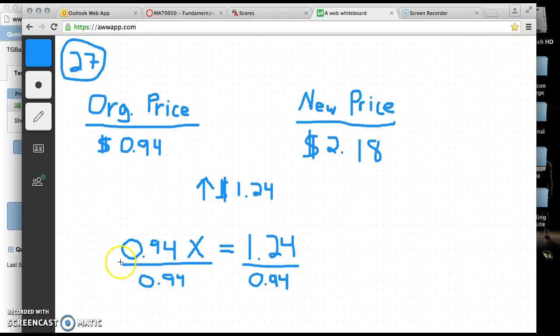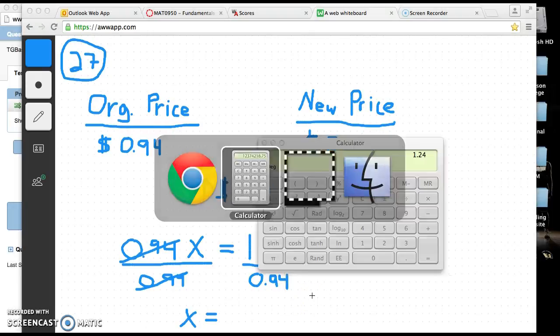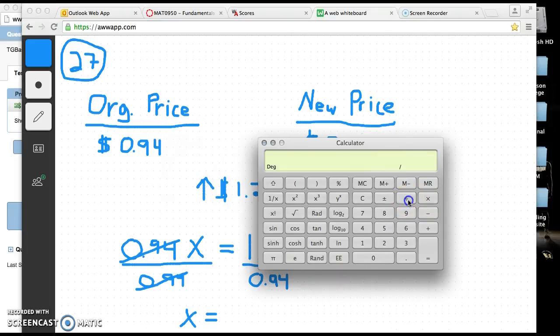Remember that the multiplication by 0.94 cancels with the division by 0.94, leaving us with just x on the left-hand side. And over here we have to divide these two decimals, so we have 1.24 divided by 0.94.